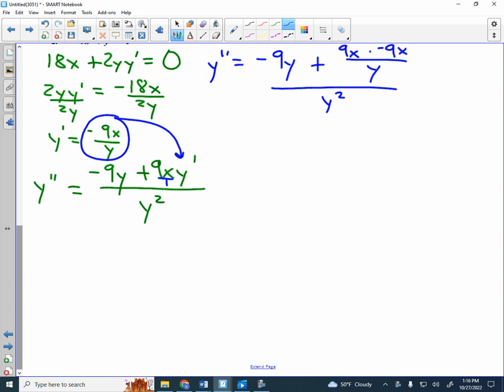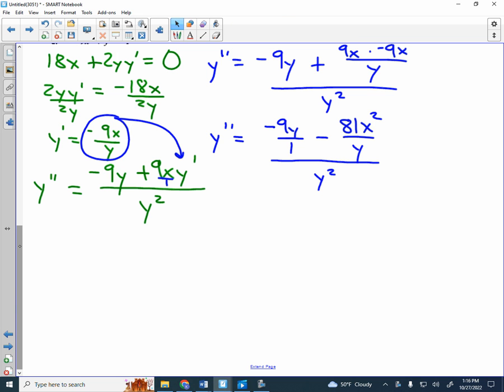So let's write this as y double prime is negative 9y over 1. Is it going to be plus or minus? Minus what? 81x squared over y all over y squared. Good. You're really close. It only gets better from here.